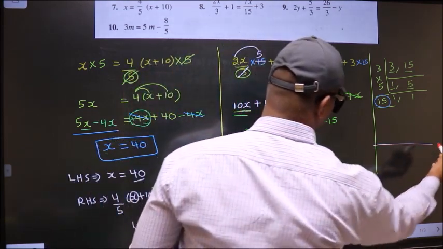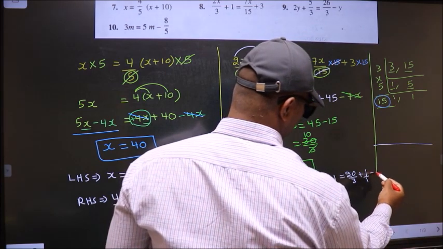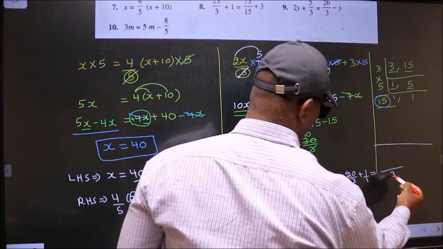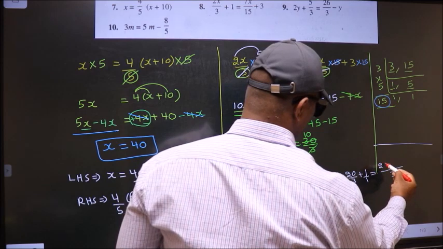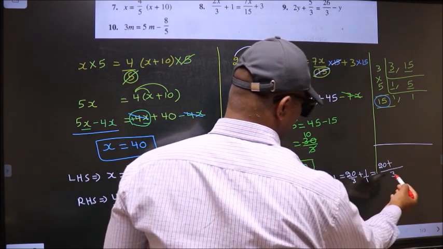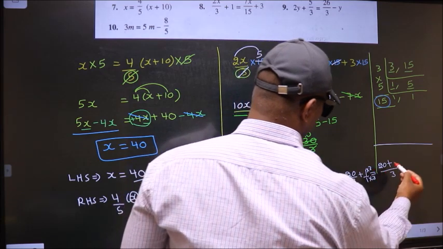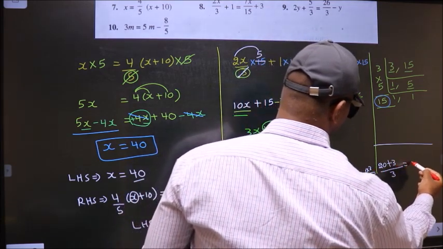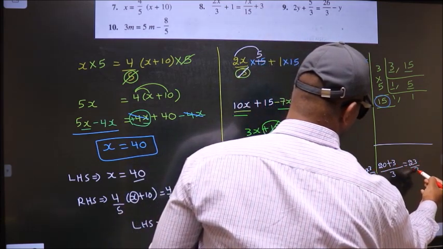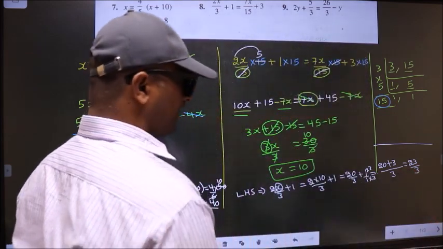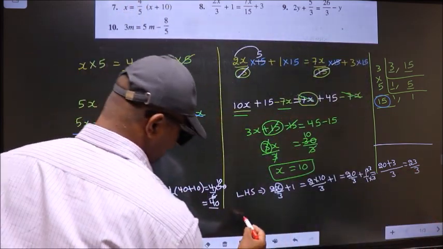Now here the LCM is 3. So 20 as it is, plus 1 should become 3 means into 3. So 1 into 3, 3. So we get 23 by 3. Now RHS.